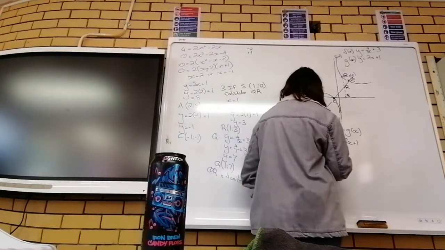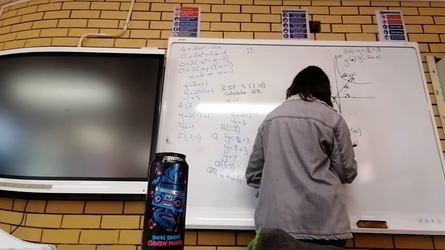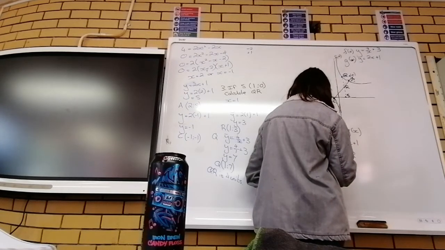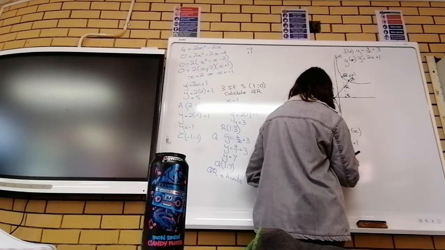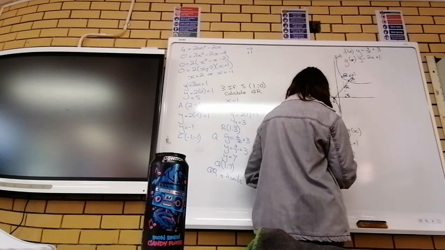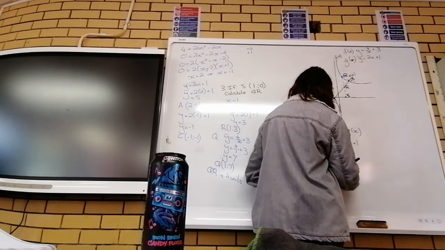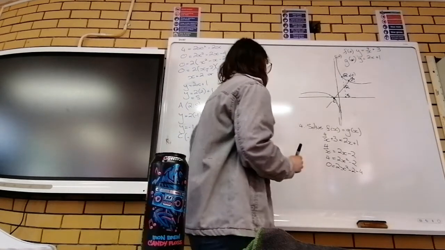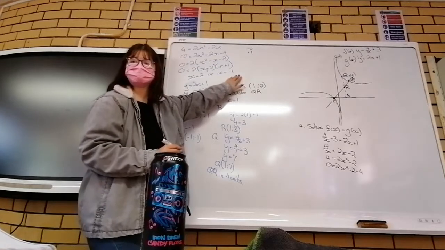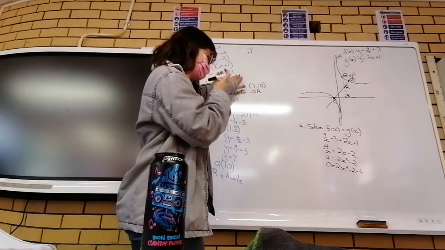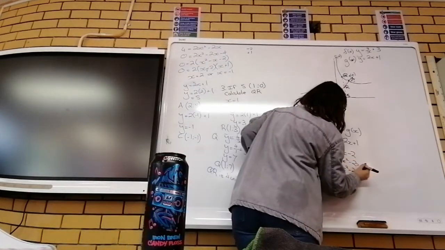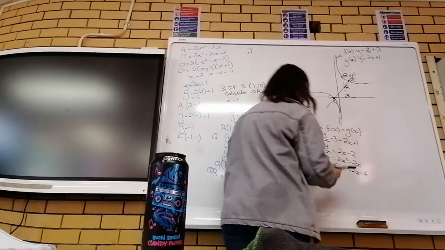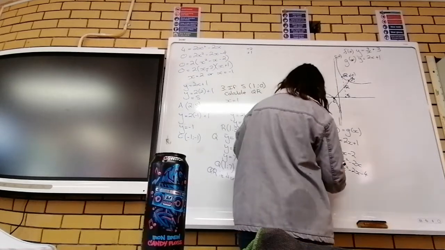So I do what I did before. 4 over x is equal to 2x minus 2. 4 is equal to 2x squared minus 2, but then it's also minus 2x because you multiply them. So 0 is equal to 2x squared minus 2x minus 4.